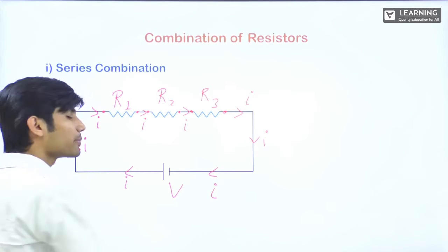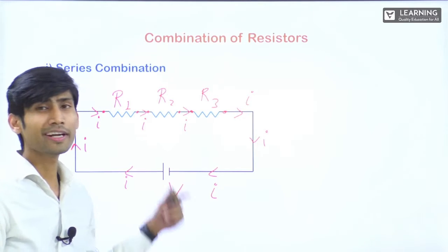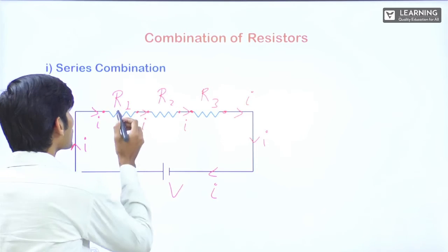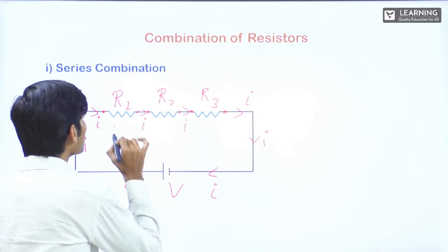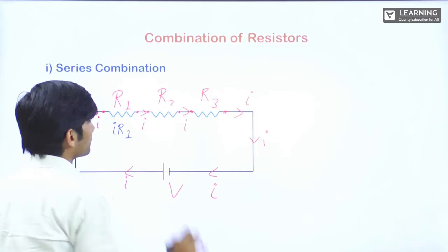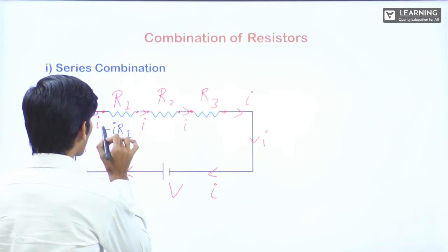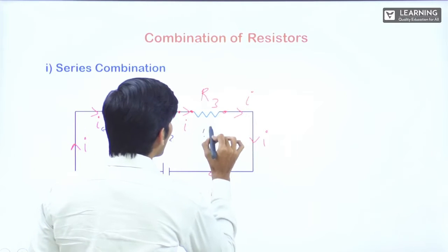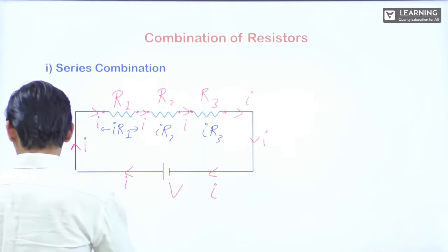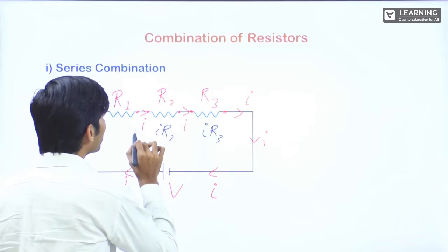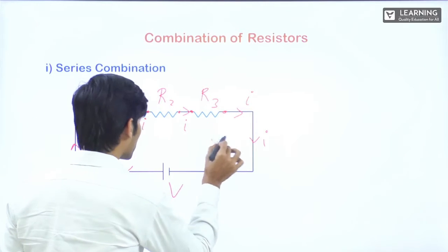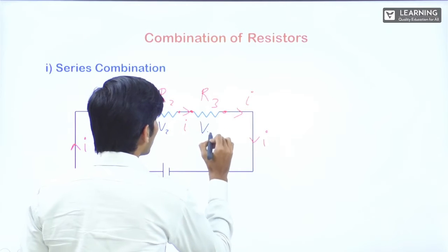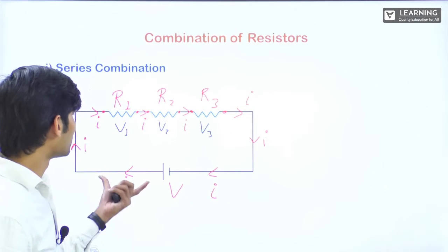If a current I is passing through a resistor and the resistance is R, what will be the potential difference? I into R. Correct? So here R1 is there, current is I, so potential difference will be IR1. Here it will be IR2. Here it will be IR3. Or before writing here IR1, IR2, I'll write V1, V2, V3. The potential is distributed as V1, V2 and V3. Okay.